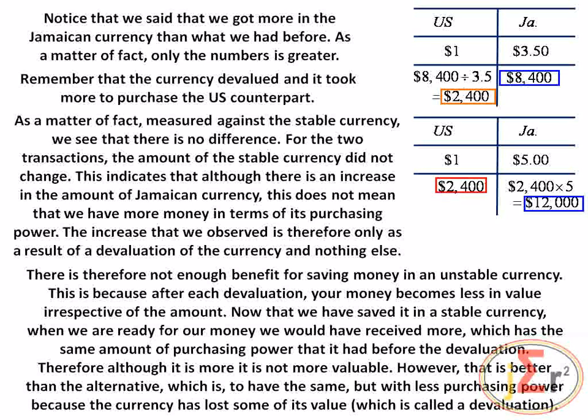This is because after each devaluation, your money becomes less in value irrespective of the amount. Now that we have saved it in a stable currency, when we are ready for our money, we would have received more, which has the same amount of purchasing power that it had before the devaluation. Therefore, although it is more, it is not more valuable.